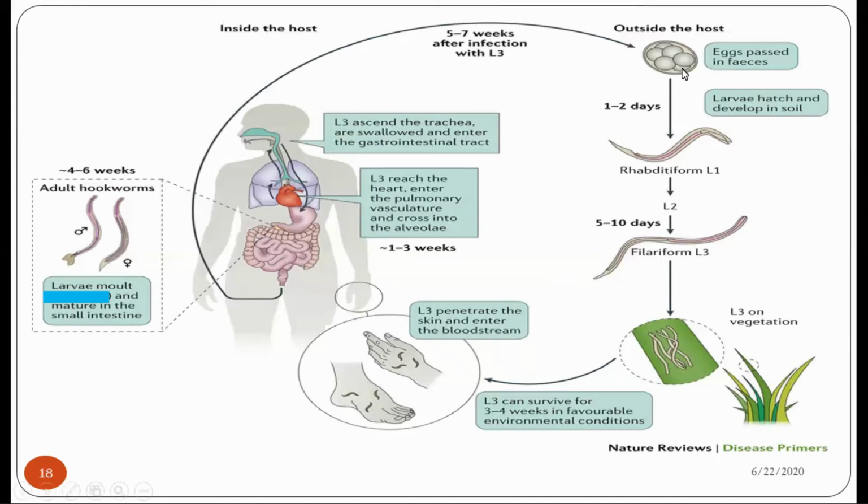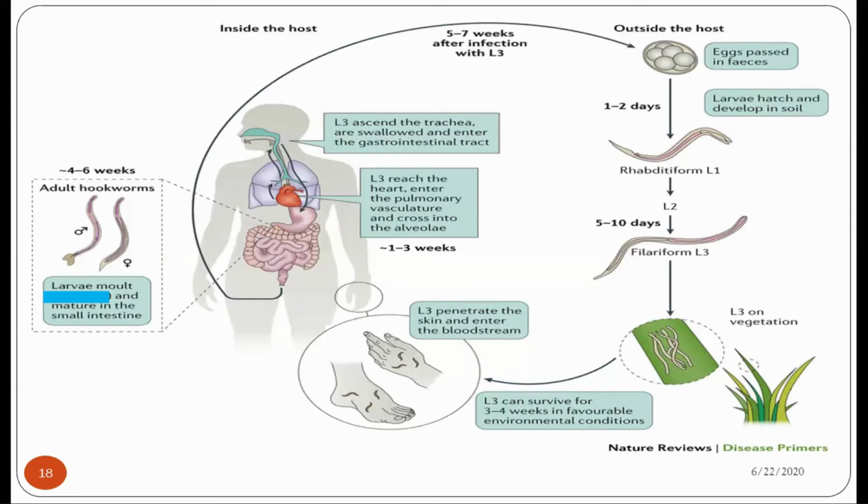When the segmented ovum gets embryonated, it hatches out into the first stage rhabditiform larva. This rhabditiform larva measures about 250 micrometers, and it feeds on the dead and decaying matter present in the soil.